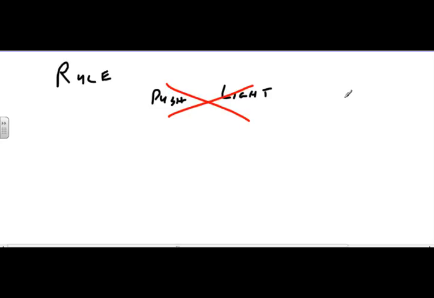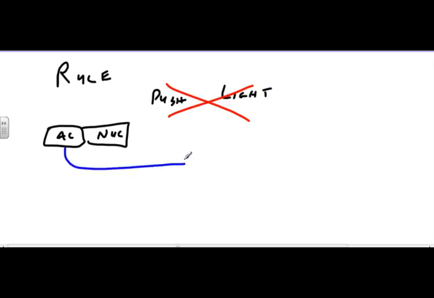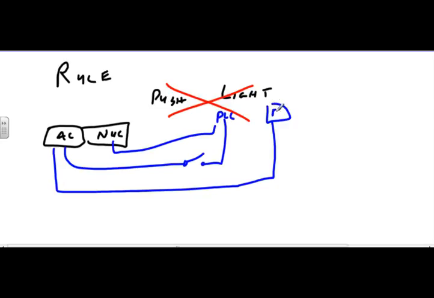What was wrong is they had AC power and you have neutral, and they had AC coming to the switch going to the PLC, and then they had the PLC going back to neutral, and then they had AC going to a different card of the PLC, that coming back to the light, going back to neutral.